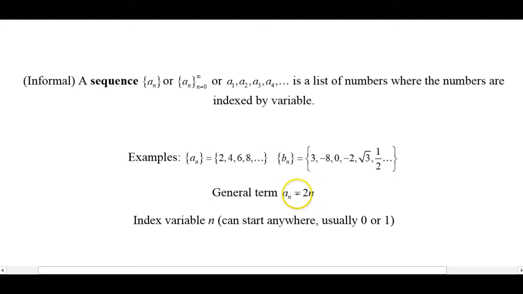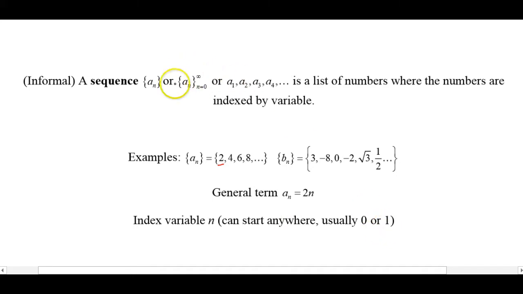If I let n equal 1 here and substitute 1 into this n, 2 times 1 is 2. That gives me the first number in the sequence. If I substitute in 2 after that, I get the next number in the sequence, 4. If I substitute in 3, 3 times 2 is 6, etc. So this is the general term in the sequence. Formally our index variable, n in this case, can officially start anywhere, but usually we start at 0 or 1.